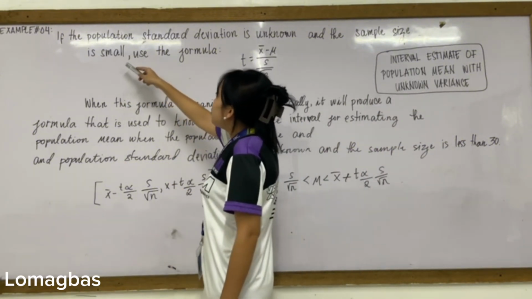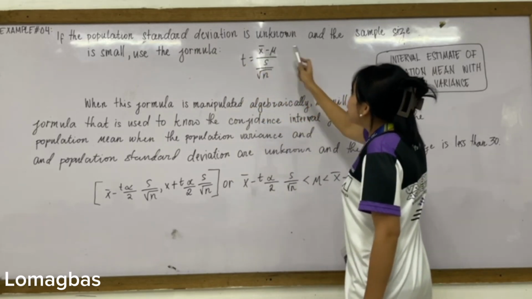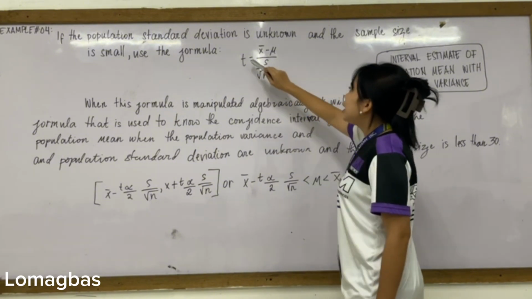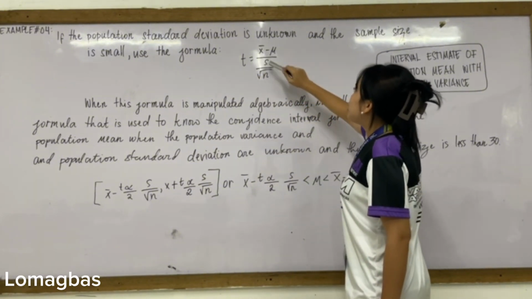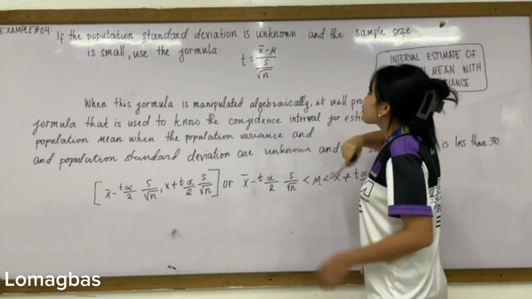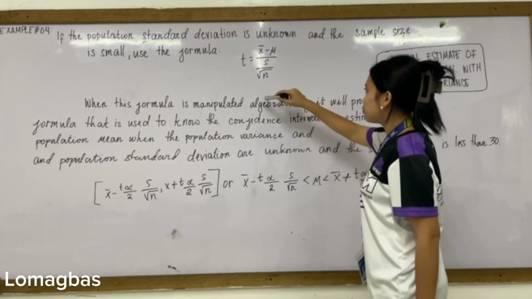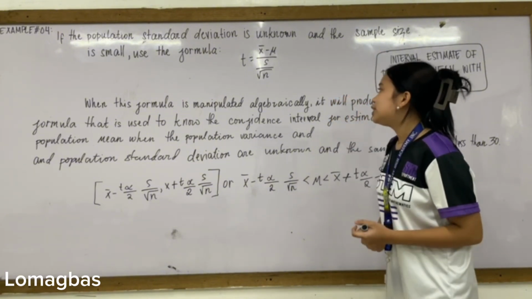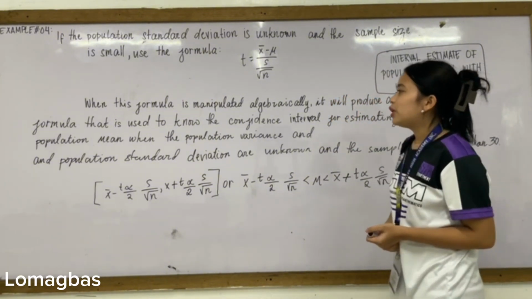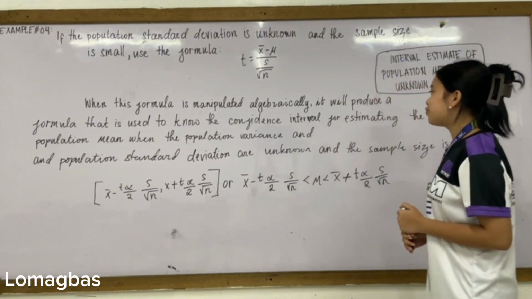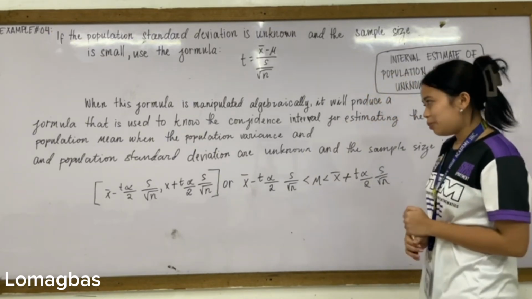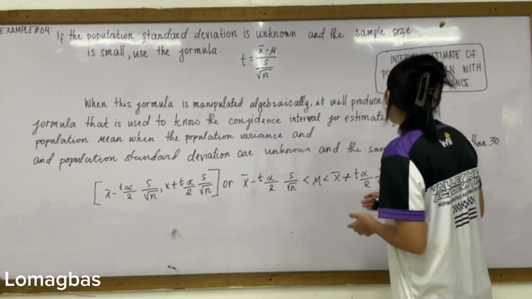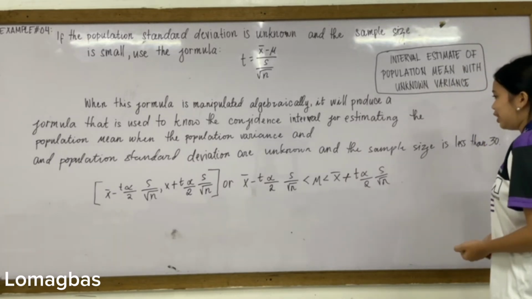So first, we have to know about the formula. If the population standard deviation is unknown and the sample size is small, use the formula: critical value equals sample mean minus population mean over standard deviation over the square root of sample size. When this formula is manipulated algebraically, it will produce a formula that is used to find the confidence interval for estimating the population mean when the population variance and population standard deviation are unknown and the sample size is less than 30.